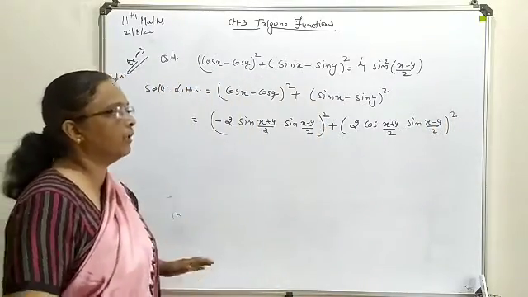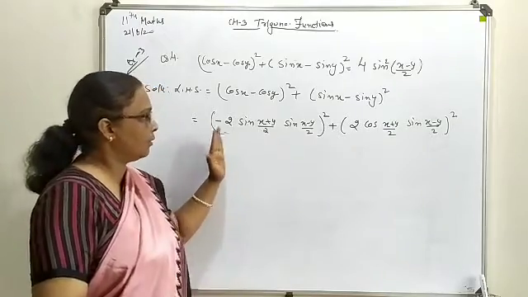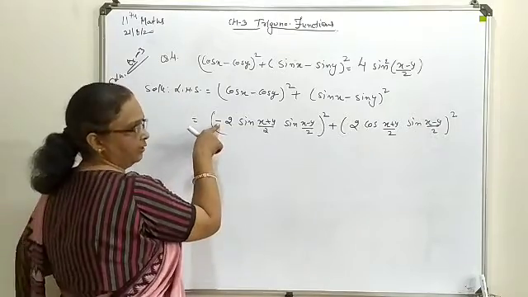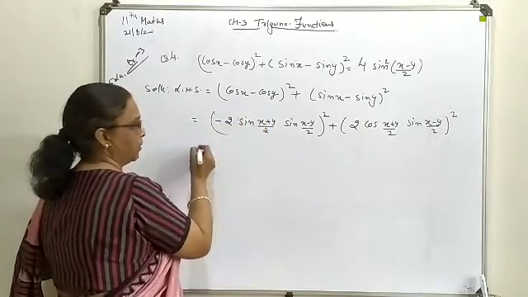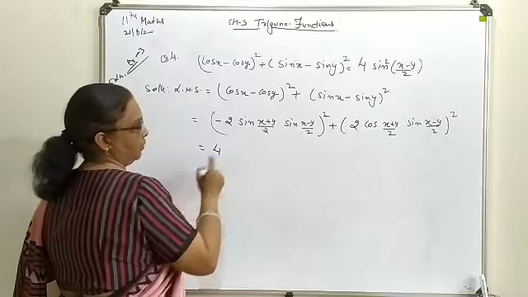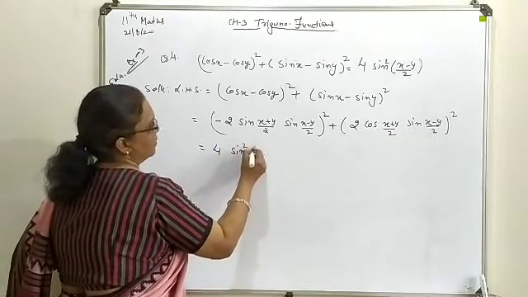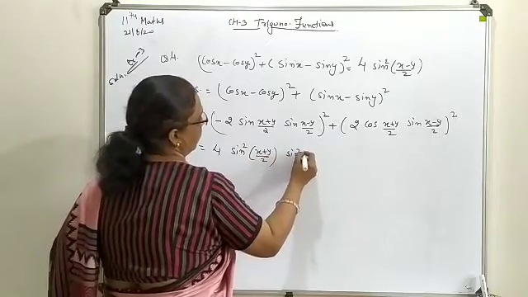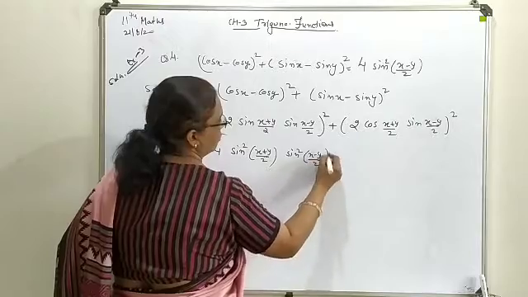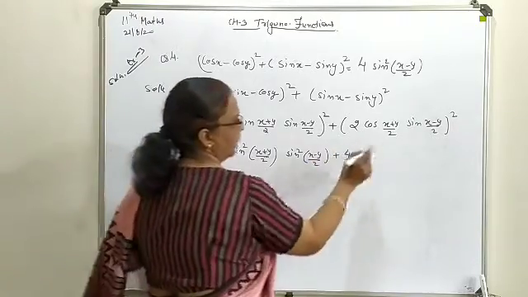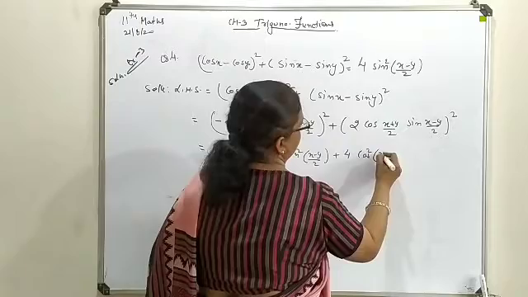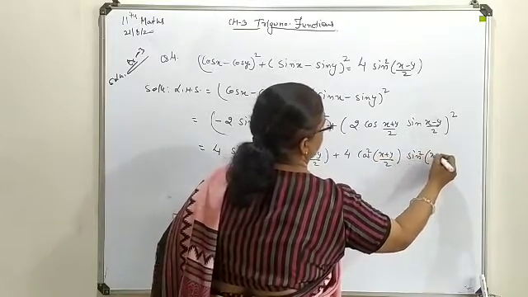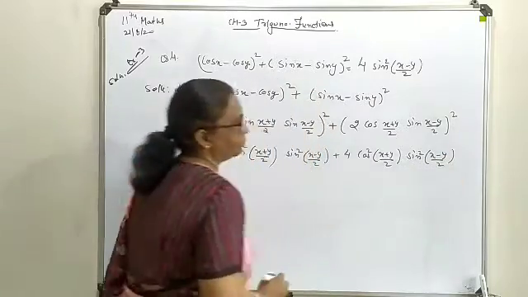Now being the square of the individual terms, make square of all three parts at both positions. So this minus will not interfere, minus square will turn into a positive quantity, 2 square is 4, then sin square (x plus y by 2) sin square (x minus y by 2), plus 4, again make them square, cos square (x plus y by 2) sin square (x minus y by 2).